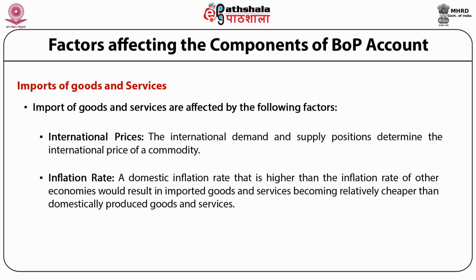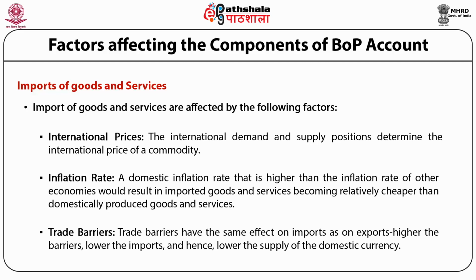This would increase the demand for the former and hence the supply of the domestic currency. Trade barriers. Trade barriers have the same effect on imports as on exports. Higher the barriers, lower the imports, and hence lower the supply of the domestic currency.